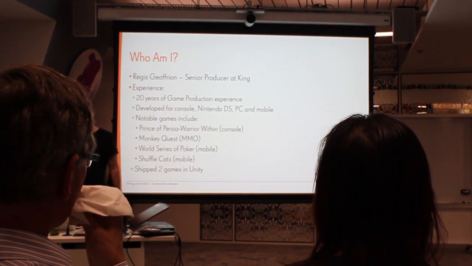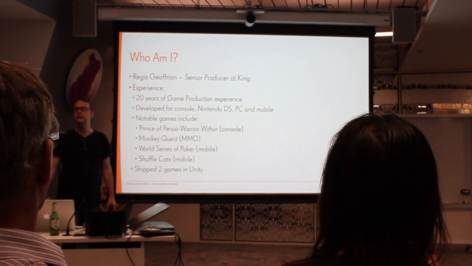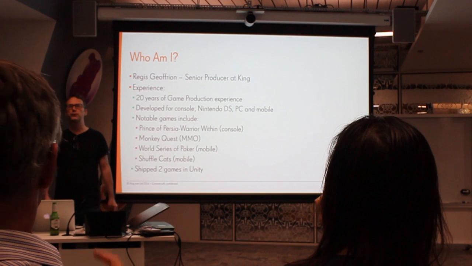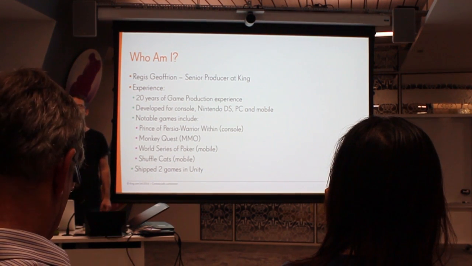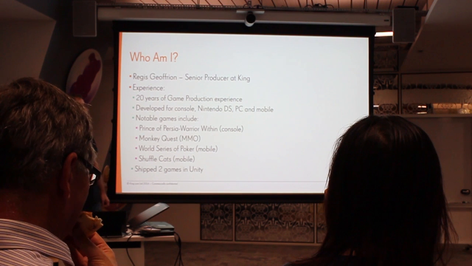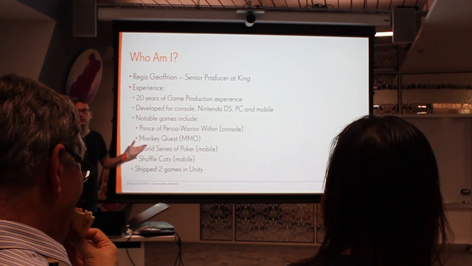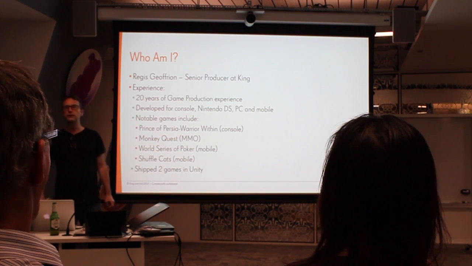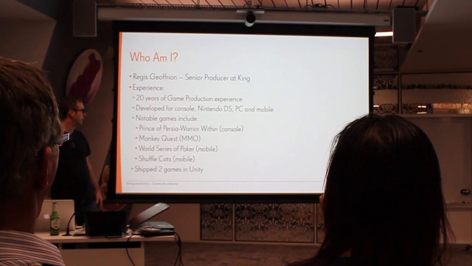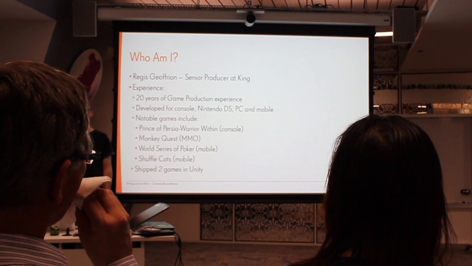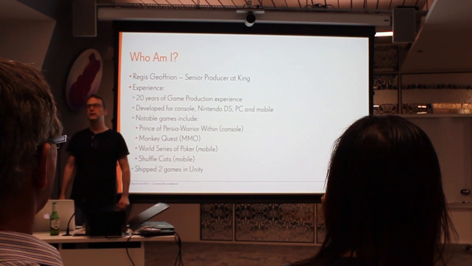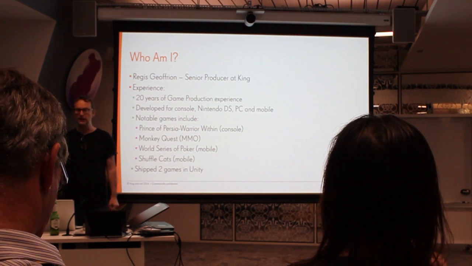So before I go any further, just really quickly, a little bit about me. I've been doing this for about 20 years. I've worked for Ubisoft, Electronic Arts, and other companies, and currently I'm very happy at King. Some notable games I've shipped include Prince of Persia: The Warrior Within while I was at Ubisoft, World Series of Poker Mobile for Electronic Arts, and more recently Shuffle Cats at King.